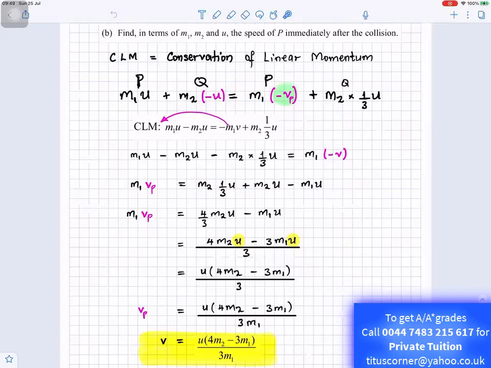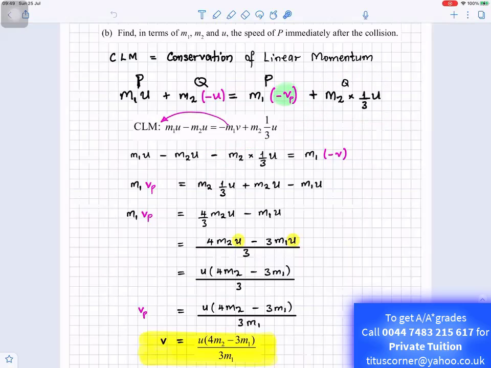So we have m1u minus m2u minus m2 times 1/3 u is equal to m1 times minus v. I've taken this to the right-hand side to get it minus.